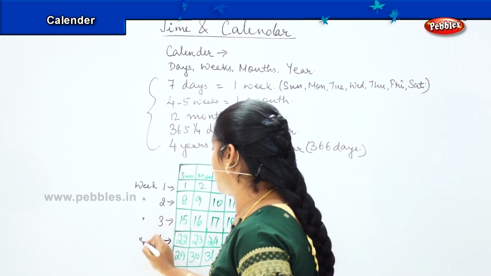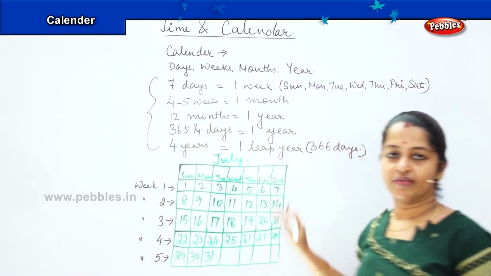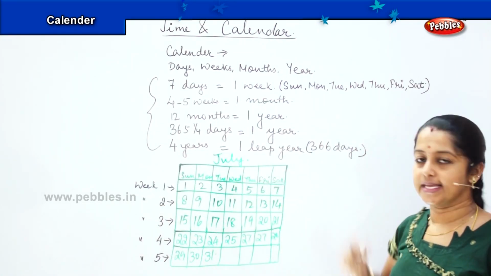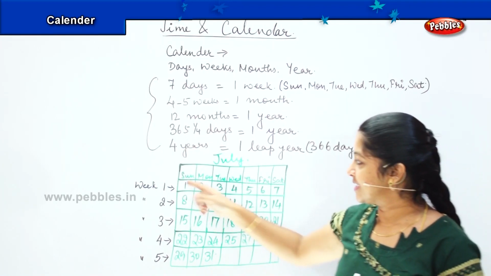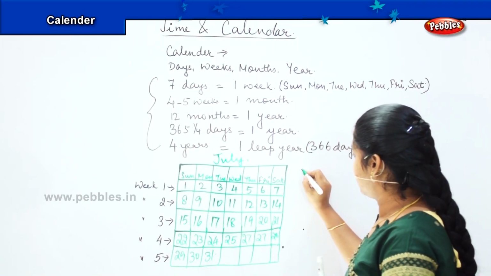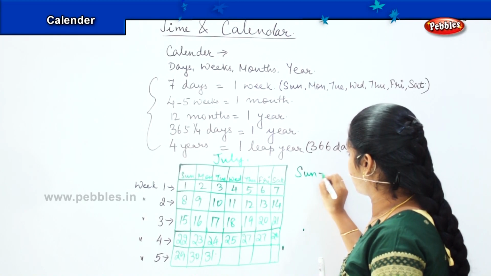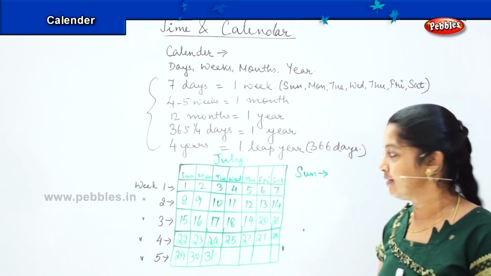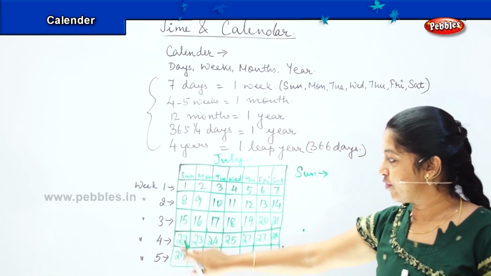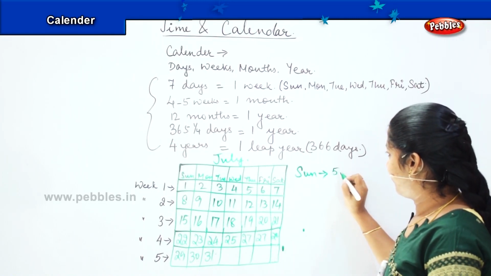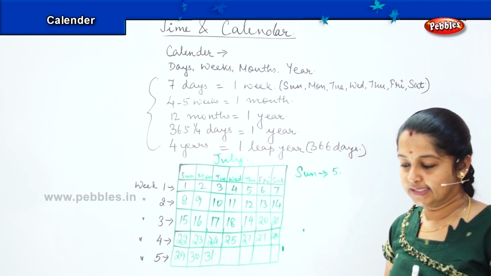Okay. So I have divided it in weeks and days. So how many Sundays do I have here? 1, 2, 3, 4, 5. I have 5 Sundays.